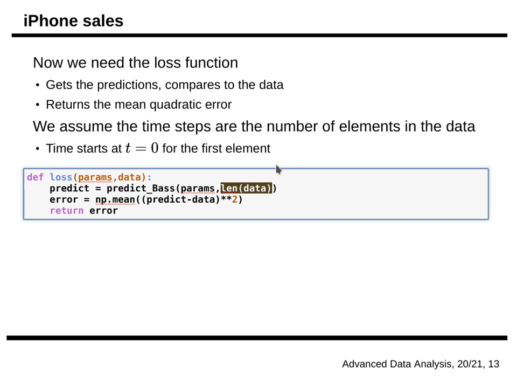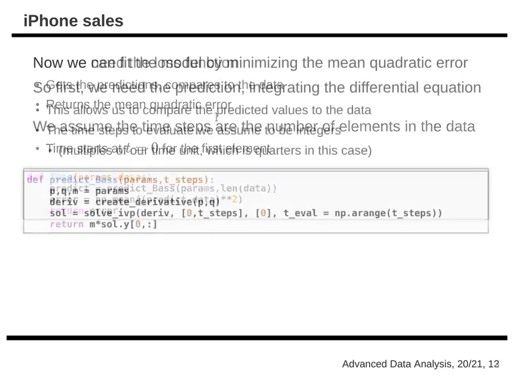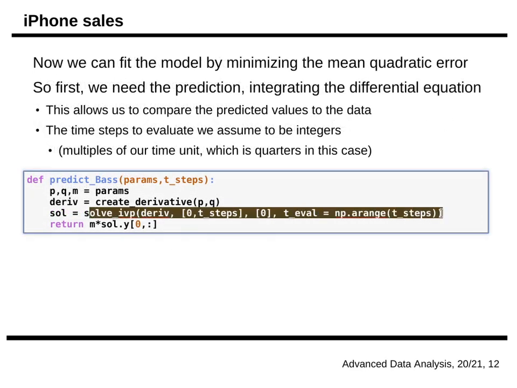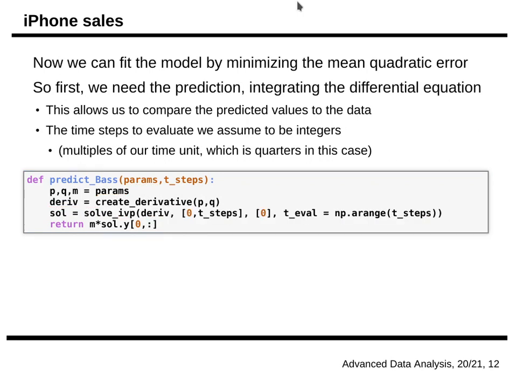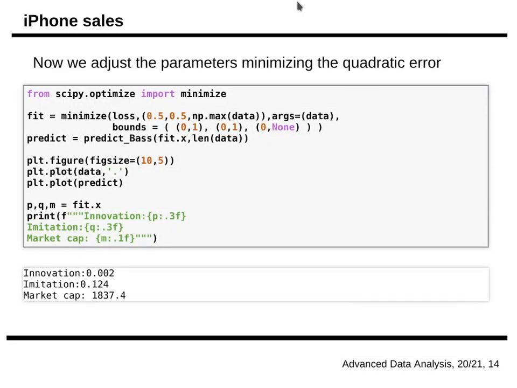The error is simply the mean of the quadratic difference, the square of the differences between the prediction and the data, and we return the error. So this is just the basic quadratic error function that we've been using. The only difference is that now the prediction also involves doing this integration, because we have a differential model and we cannot do the prediction immediately.